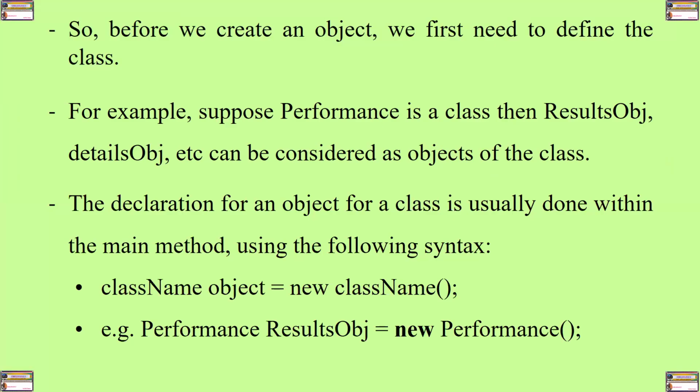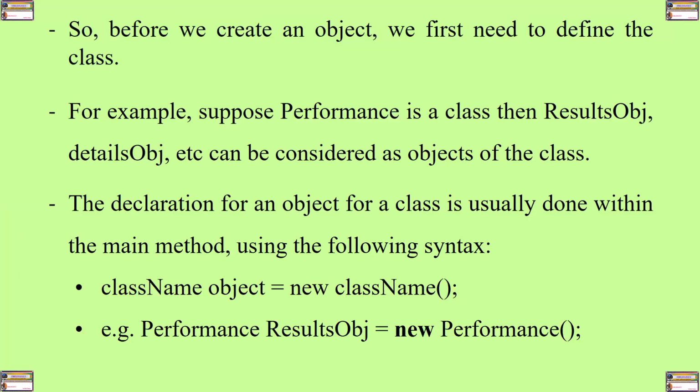So we can have an object to manipulate the performance class by the name results object. And therefore, results object is of type performance. So performance in this case is a class, and therefore that's like a data type.